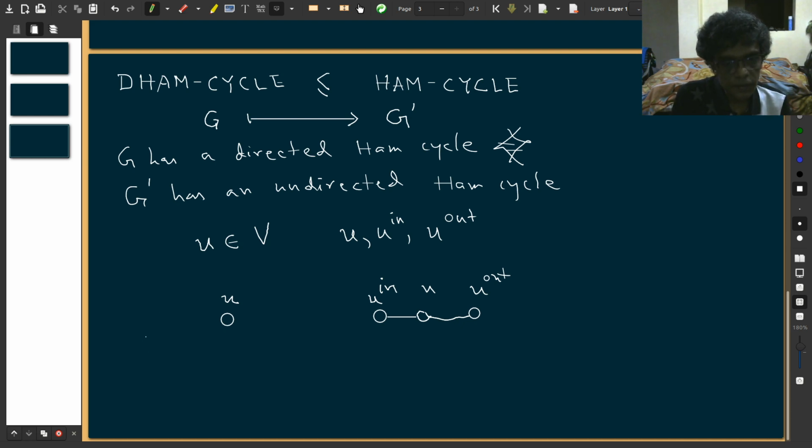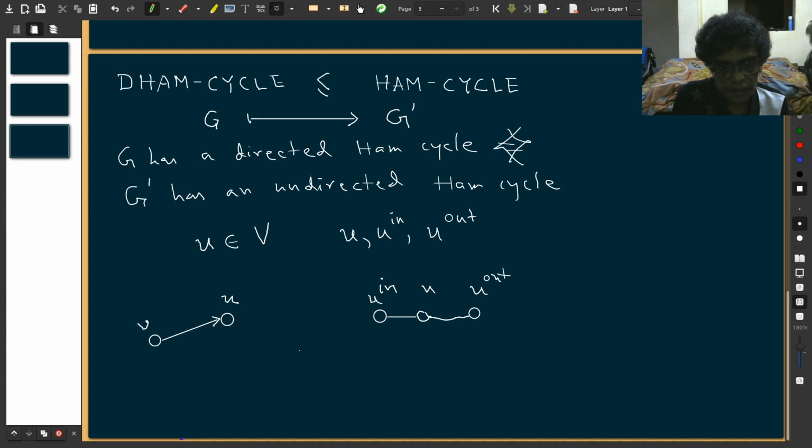Okay, so these are undirected connections. Now, if there is an incoming edge to u, so this v will also be split into three parts, v in, v out and v itself. So, I will give this connection.